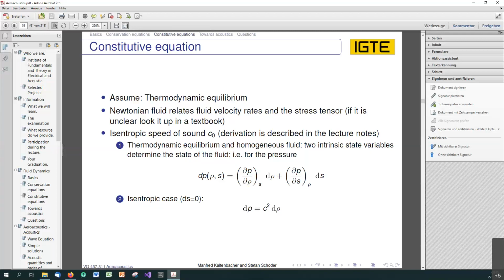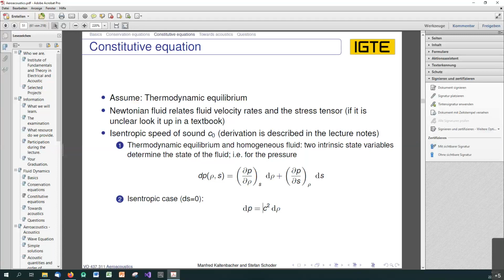Okay, I think it was described in a very complicated way. Long story short: the acoustic pressure relates to the acoustic density with the isentropic speed of sound squared. That's the message you should take.